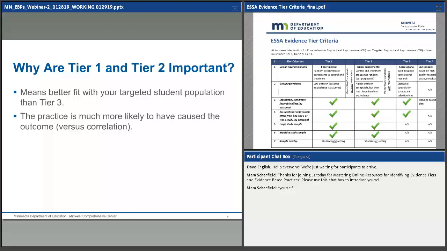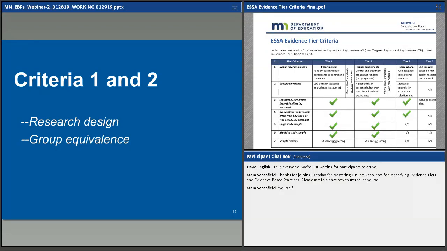And we'll get to some examples of that. The important thing to know is that you can use a practice with a significantly higher confidence level when you know that it's actually the cause of an increased outcome, as opposed to it merely predicting an outcome and not being quite sure whether the practice itself is the direct cause or if it's just related to it. So we'll get into that in a little bit of detail.